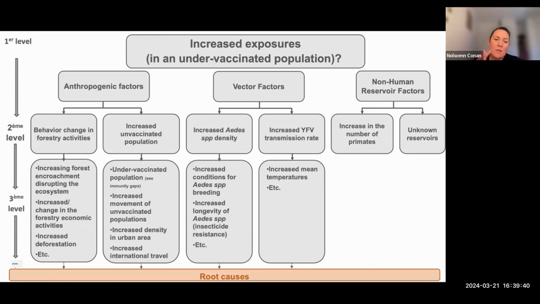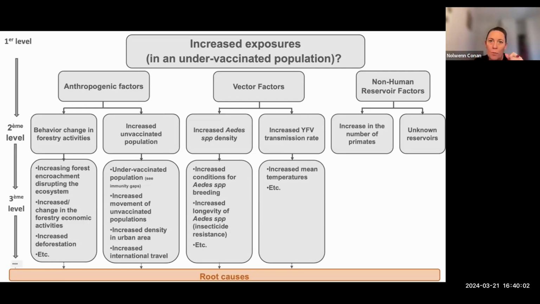For instance, if there is in the area an increased movement of unvaccinated population or increased density. Of course, if we have an urban and rural outbreak, that will differ, so the questions, as you could see in the tool, change according to the outbreaks that we have.